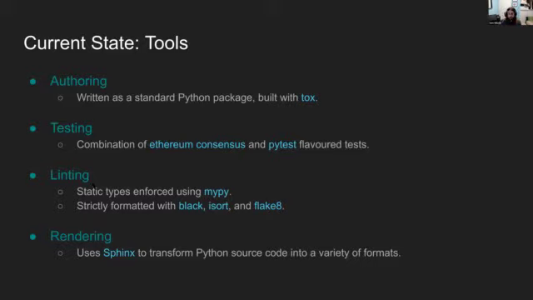The code itself is formatted very strictly with black, isort, and flake8. Normal Python tools just configured to be pretty harsh. There's also spell checking and a few other nice little things, but otherwise it's pretty normal. Finally, we use Sphinx, which is probably the most common Python documentation tool out there. It takes our Python source code plus annotations and converts them into the format you saw earlier.